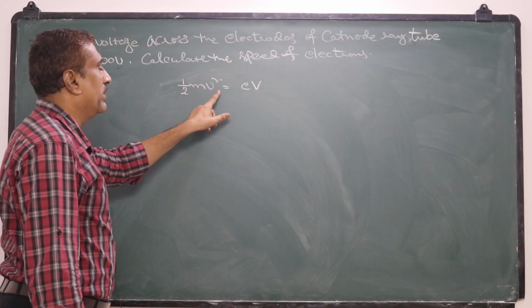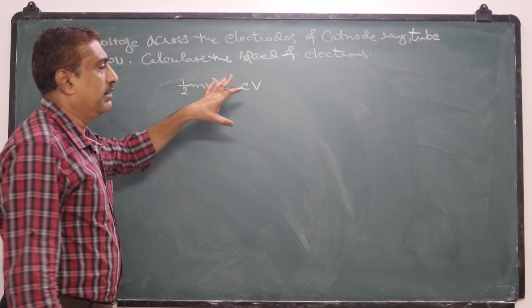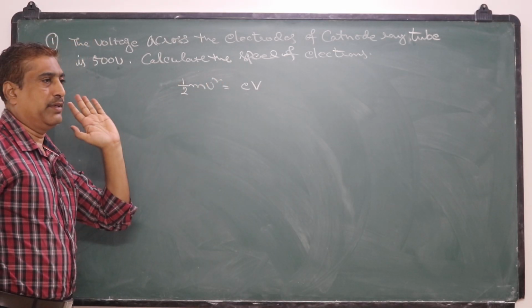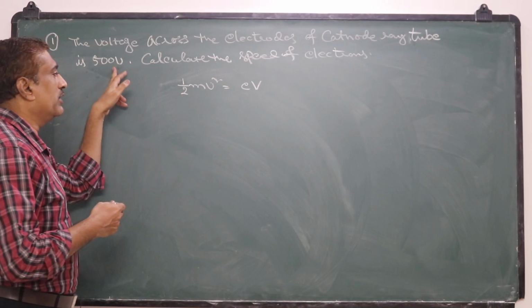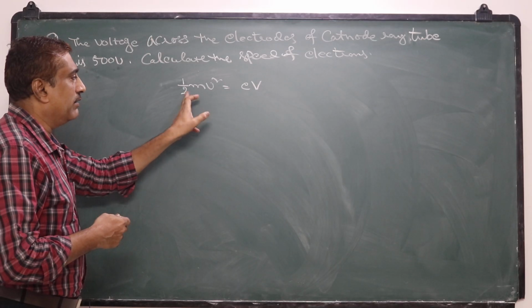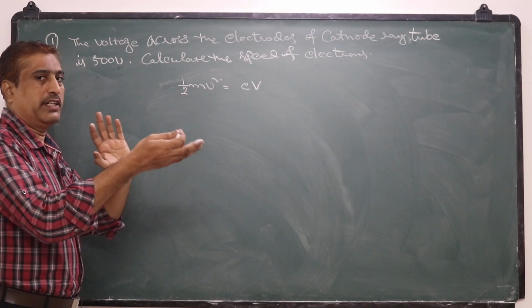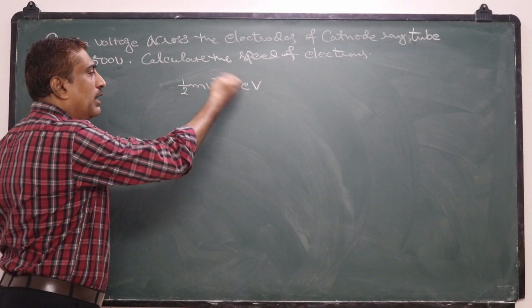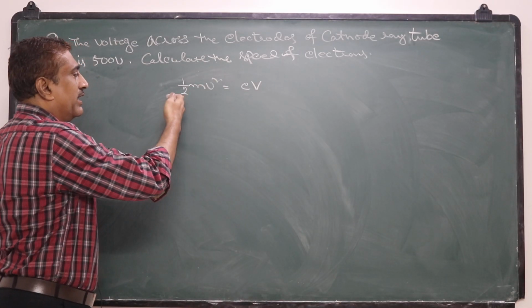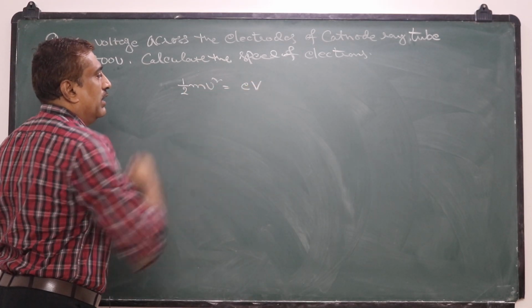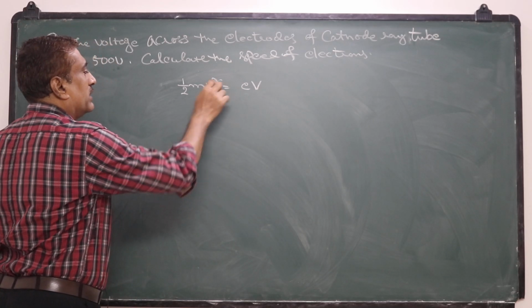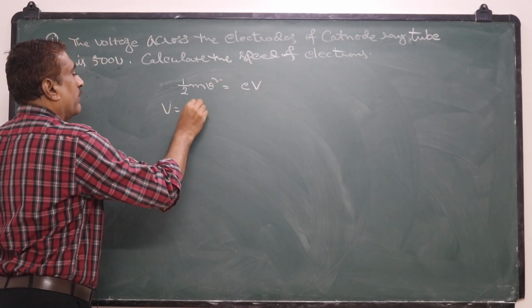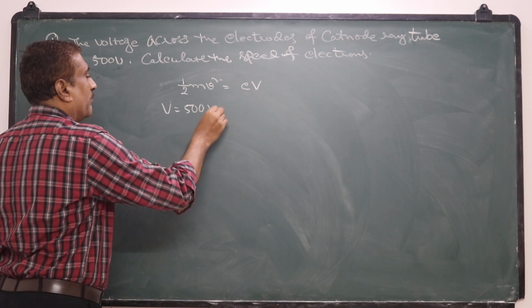Initially from the cathode, the emitted electrons have zero kinetic energy. After accelerating through this potential, they gain a kinetic energy of half mv square. So change in kinetic energy is equal to half mv square minus 0. So we are directly writing half mv square is equal to eV. In this problem, you have to find the velocity of this electron. Given V is 500 volt.